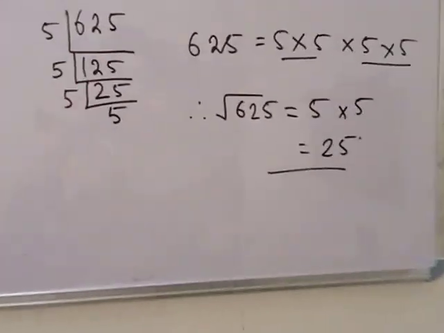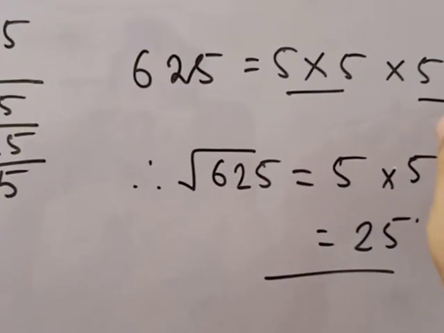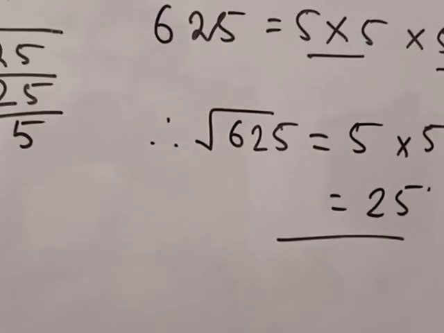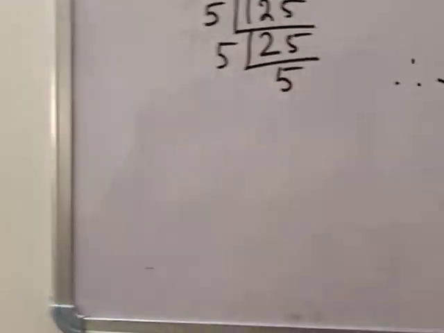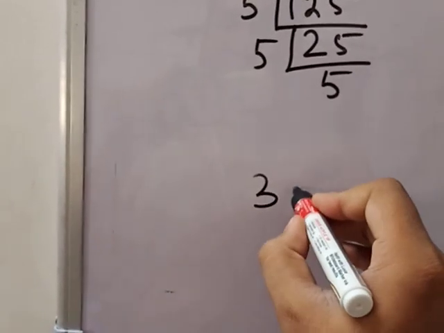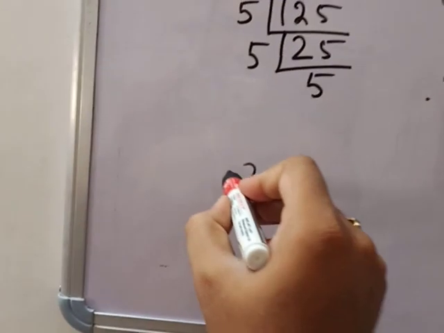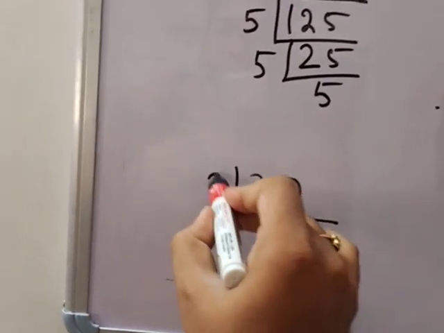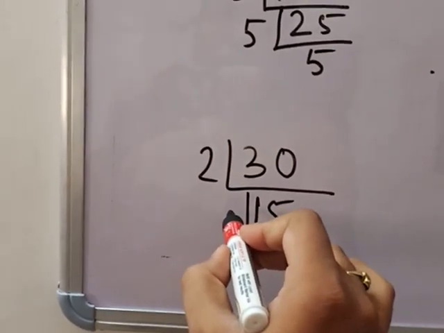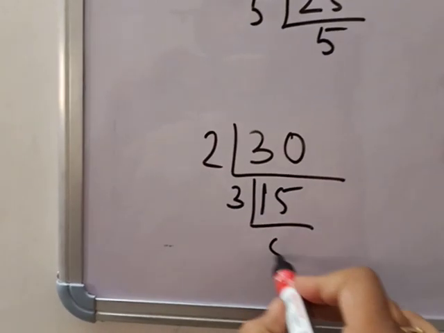If the pairs are not proper here, then you cannot write the proper square root of a number. For example, we can write 30. If we find the square root of 30, this is 2, 15, then 3, 5.